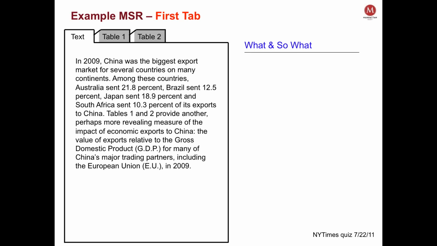Tables 1 and 2 provide another, perhaps more revealing measure of the impact of exports to China: the value of exports relative to the GDP for many of China's major trade partners, including the EU in 2009. So what do you guys get from this? What's going on here? What are they talking about? Type it in. Think about it. What and so what?